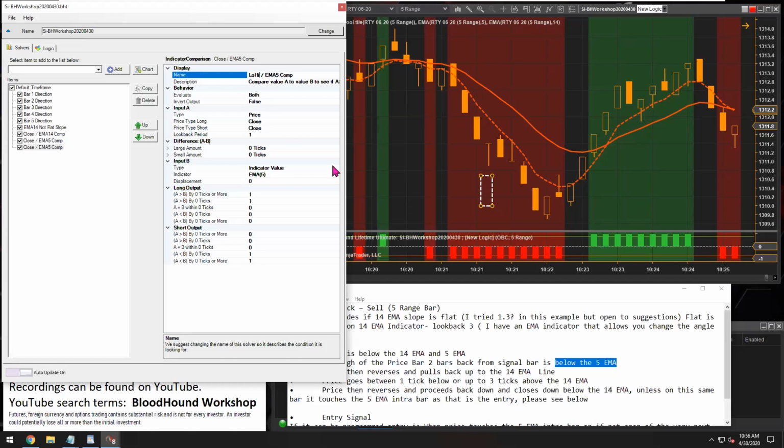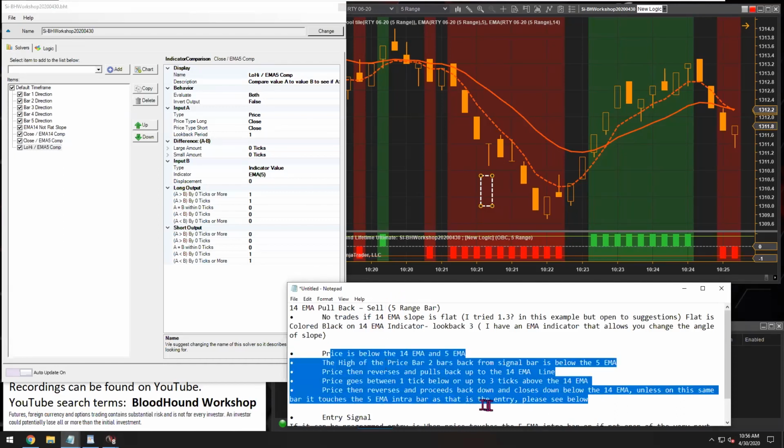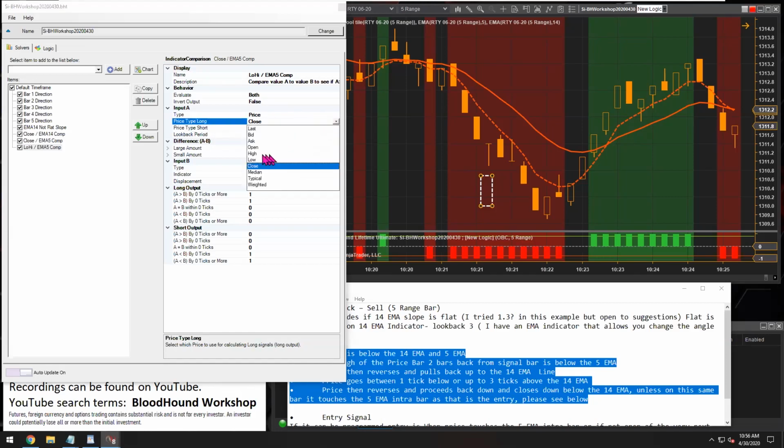Remember, these instructions are for a sell signal, so we'll just reverse everything for a buy signal. For a short, a sell signal, we're using the high of the bar. For a long signal, we'd be using the opposite, the low of the bar.